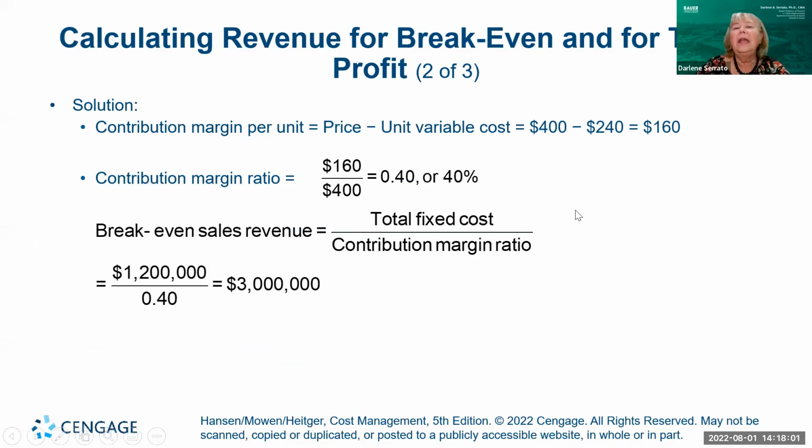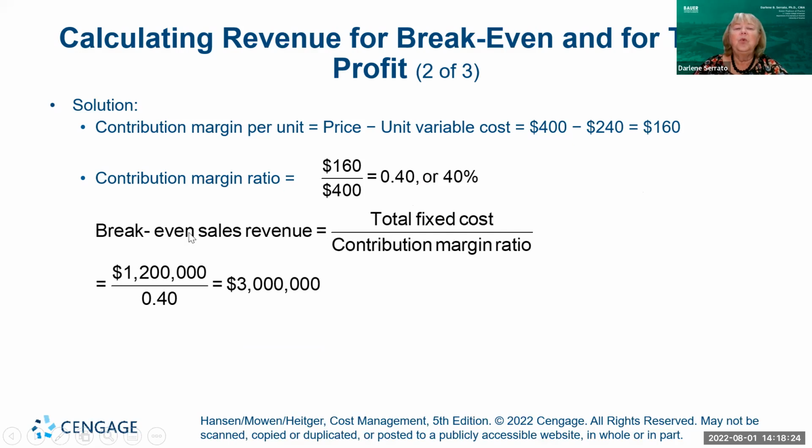So if you're calculating revenue in dollars for break even or for a specific target profit, when it's break even in dollars, you're going to take fixed cost divided by contribution margin ratio.